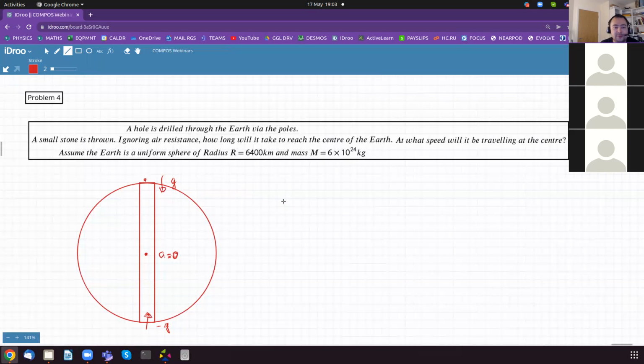And if you draw the graph of acceleration versus displacement, this is displacement and this is acceleration, you will see that when x is equal to the radius of the planet, acceleration is minus g, and when it's minus r, it's g.